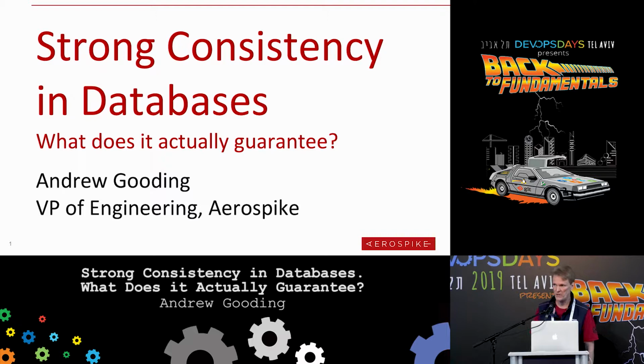My name's Andy Gooding. I'm the Vice President of Engineering at Aerospike. We make a database. Some of you may even use it. I've been there for 8 years, so almost from its very beginning. Before that, I spent many years doing a lot of other kinds of software, mostly embedded systems like phones and set-top boxes.